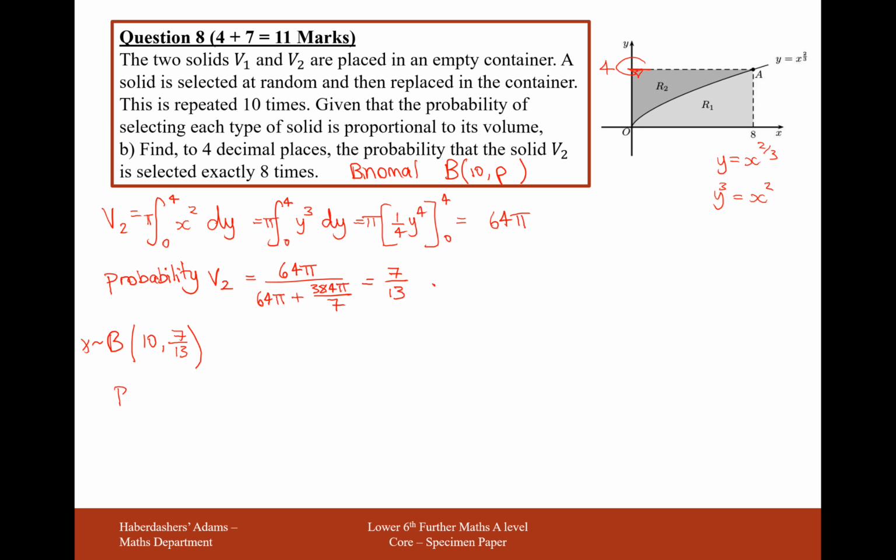So the formula here for when X equals 8 is going to be 8 choose 2 lots of 7 over 13 to the power of 8, times, and then we need to do the opposite, the probability of failure, 6 over 13 to the power of the number of failures we need, which is 2. And bashing all of that into your calculator, and you get 0.0677 to those 4 decimal places that were required.